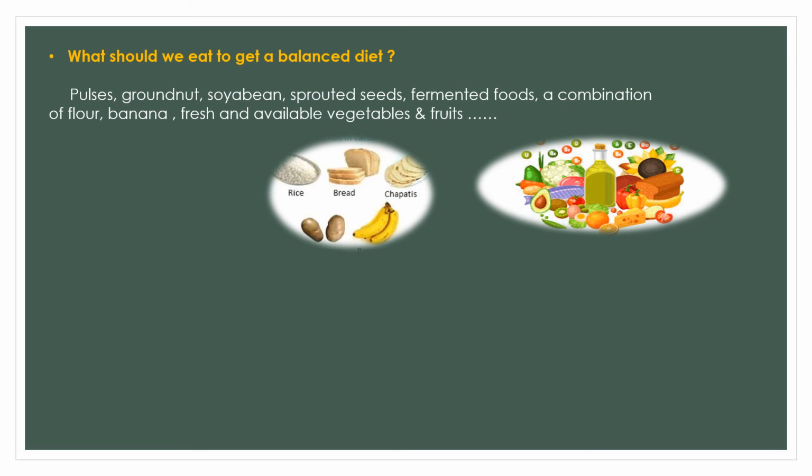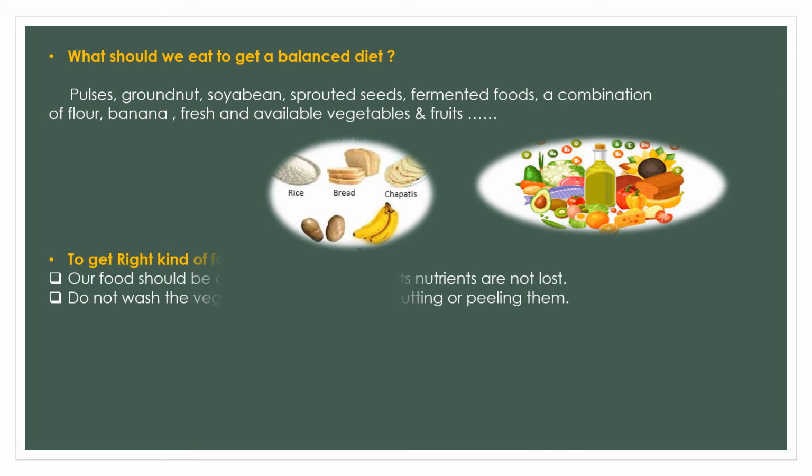All these things we can include in our diet to get a balanced diet, and one can eat a balanced diet without expensive food materials. You do not have to buy expensive food materials. We should always eat the available and fresh vegetables, fresh fruits, and fresh food.